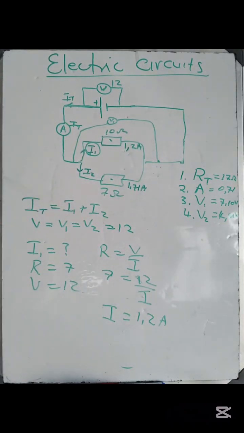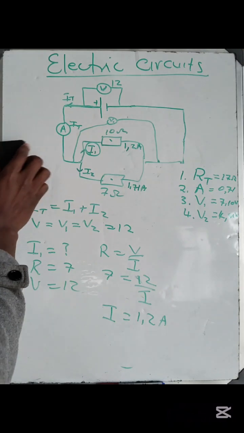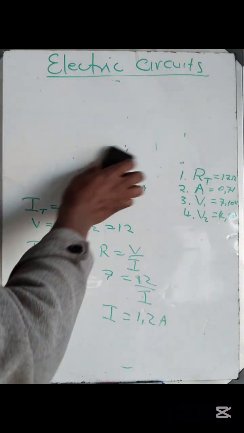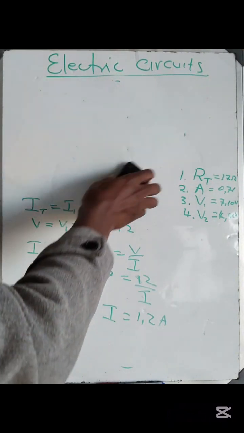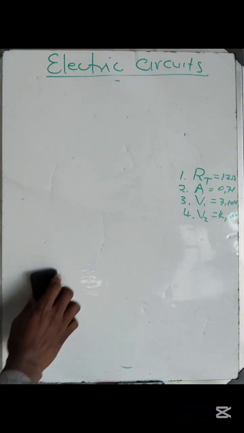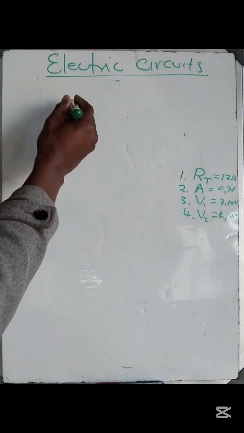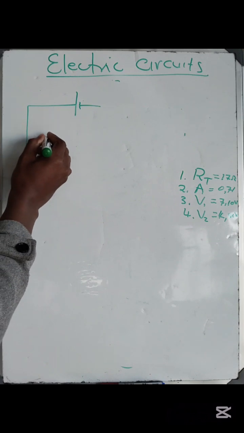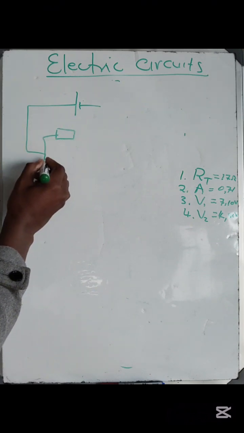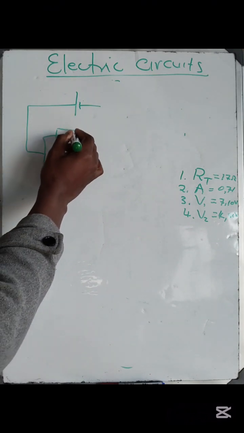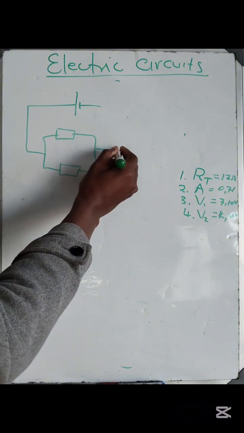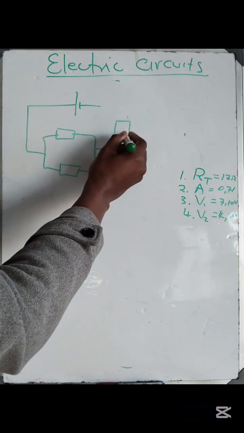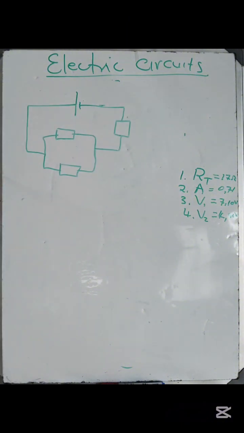Then what if we have series and parallel combined? Now we have series and parallel. So if we have the combination of both, let's say this one is parallel to this one, then somewhere here we have another resistor which is in series.